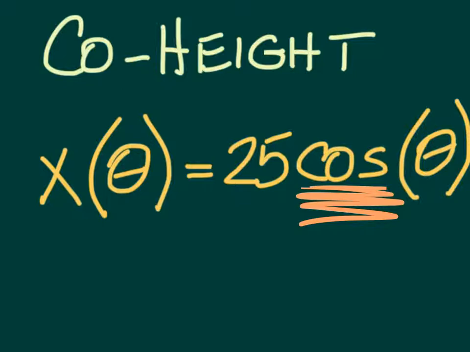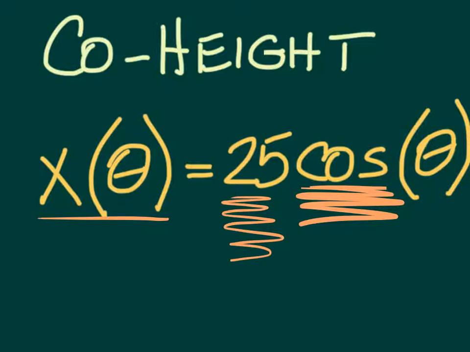It's cosine. Remember when we first started doing the Ferris wheels and we looked at cosine and sine in terms of that triangle in the first quadrant, and we figured out that on the x-axis that side was equal to cosine of theta? That's where that comes from. So we have x of theta equals, now where did the 25 come from?